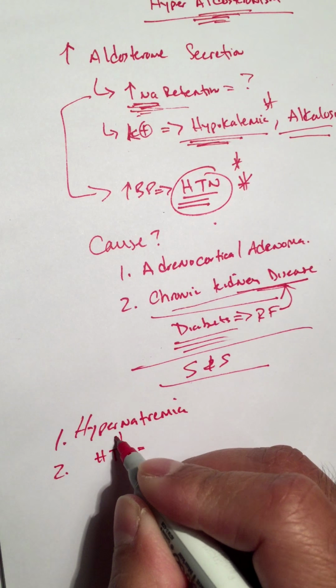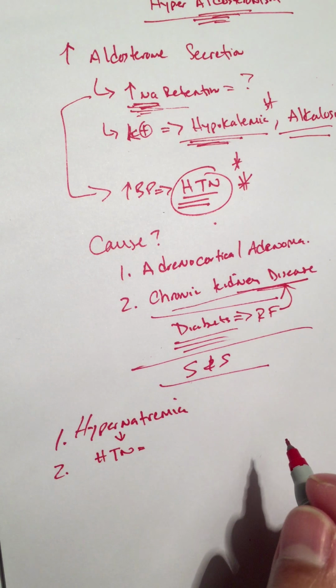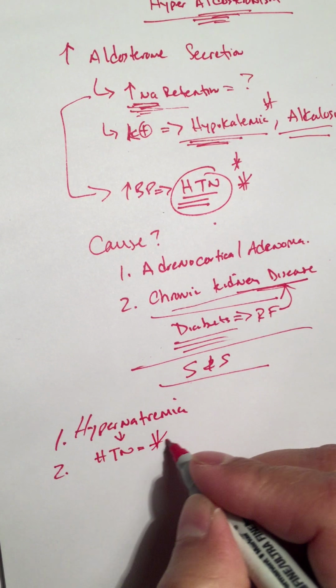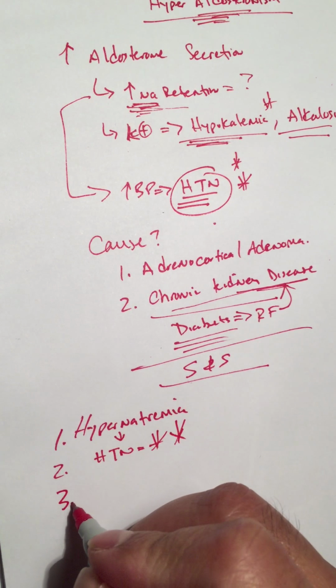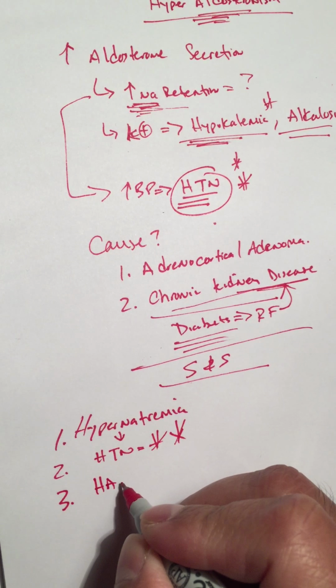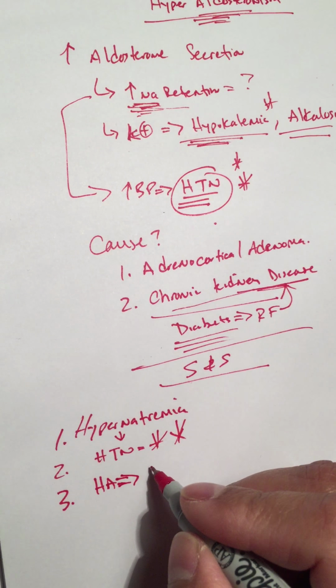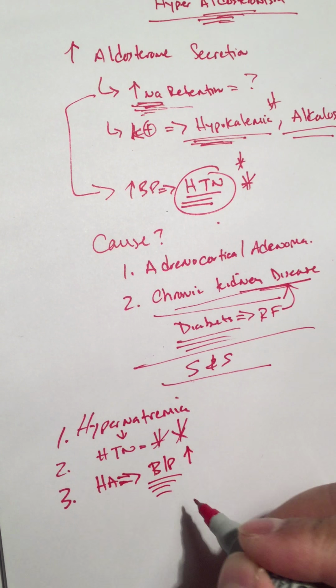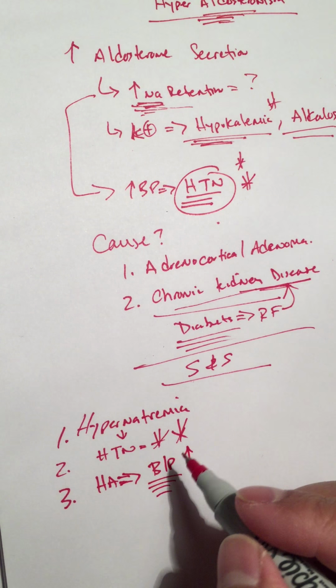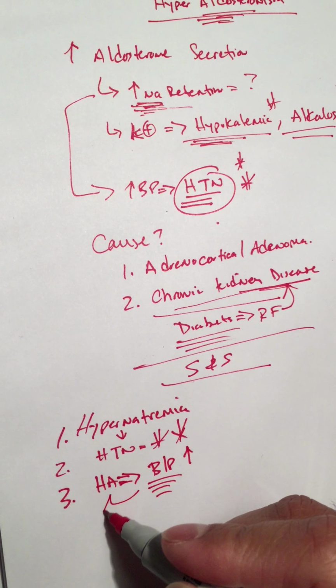Again, caused by the hypernatremia. Make sure you know that or remember that for the NCLEX exam. Number three, headache. Now this is going to be most likely due to a severe increase in blood pressure. That again will cause the headache.